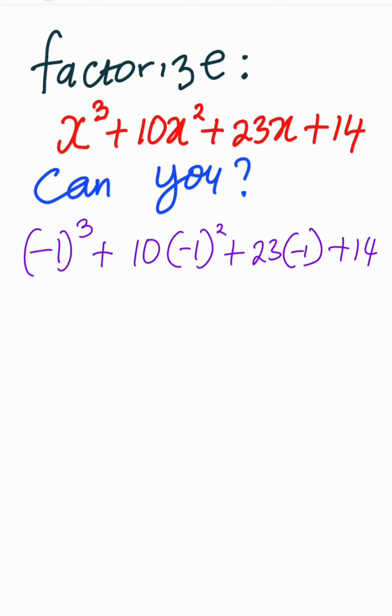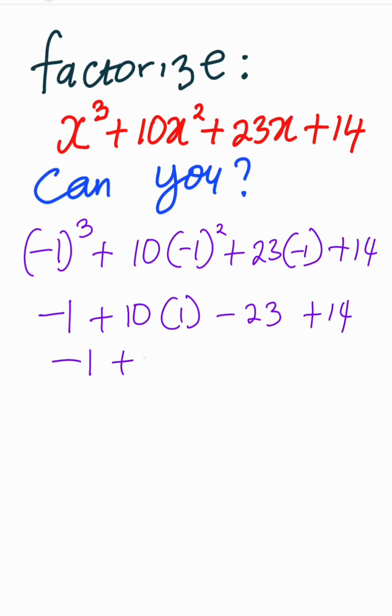Minus 1 to the power of 3 is still minus 1, because minus 1 times itself in 3 places is still minus 1, plus 10 into minus 1 squared is 1, 23 times minus 1 is minus 23, then plus 14. So we have minus 1 plus 10 minus 23 plus 14.